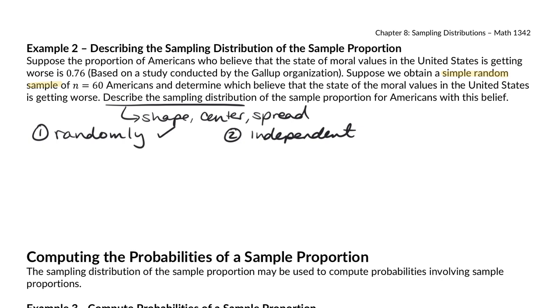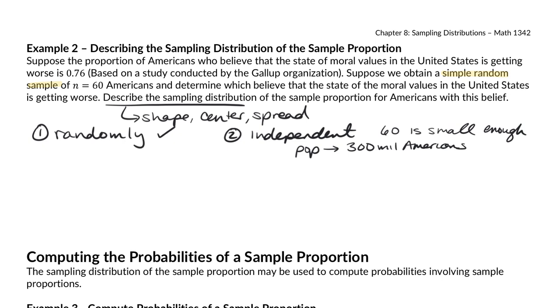Is 60 less than that number? Yes, it's definitely less. So our sample size of 60 is small enough compared to our population of 300 million Americans.